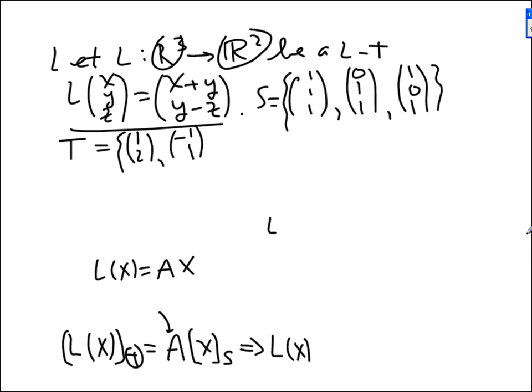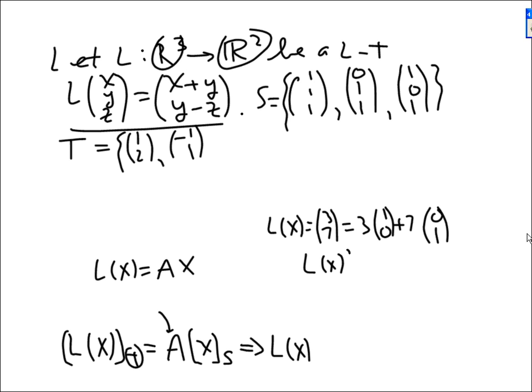I mean, if L of x is equal to (3, 7), how do you write this using the natural basis for R2, (1, 0) and (0, 1)? And the answer is you take 3 and 7. So L of x with respect to the basis T, if it was a natural basis, would just be (3, 7), which is L of x.